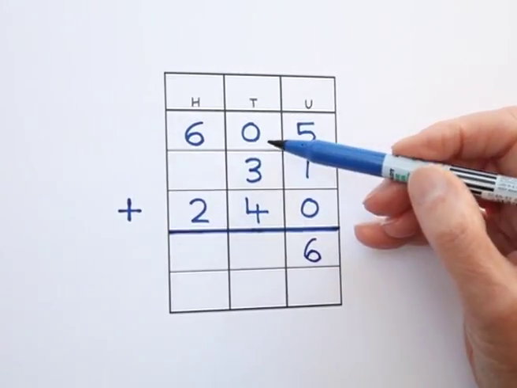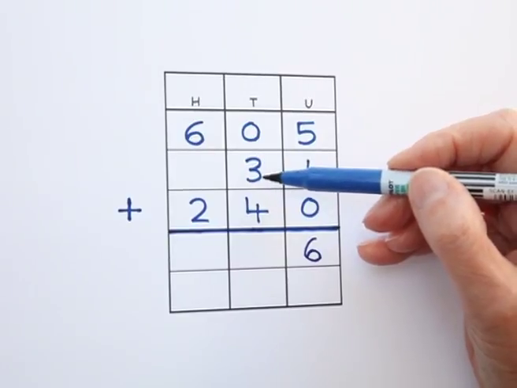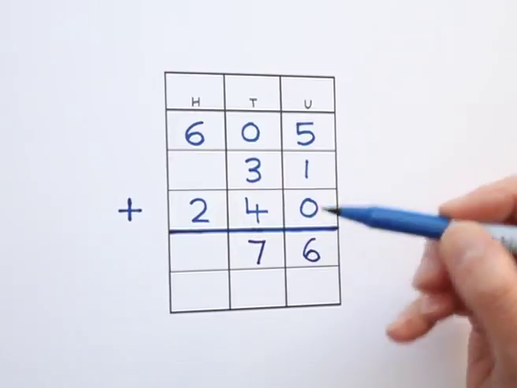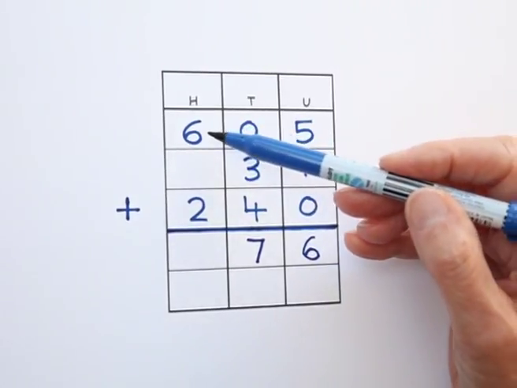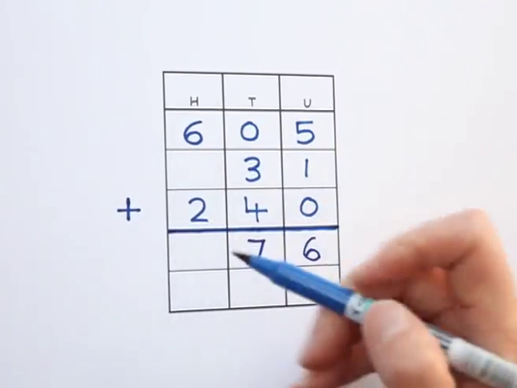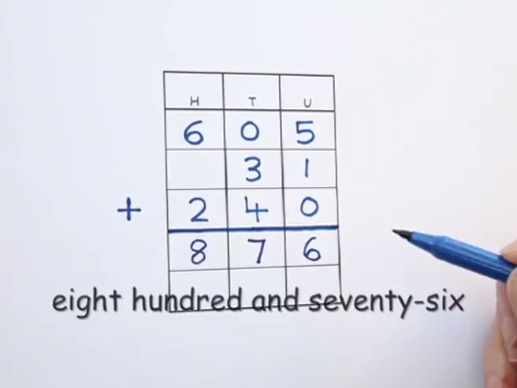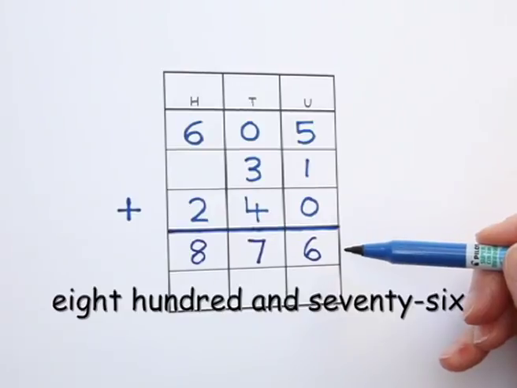Now the tens. 0 plus 3 plus 4 is 7. And then the hundreds, 6 add 2 is 8. So the answer is 876.